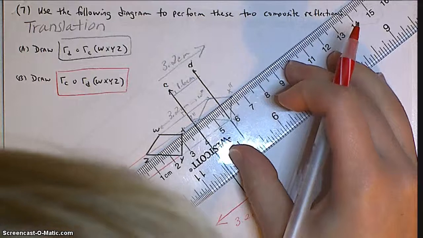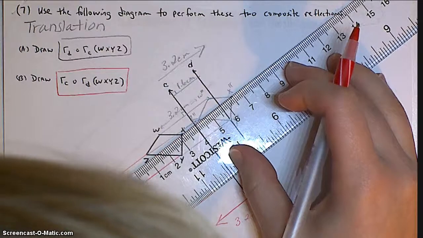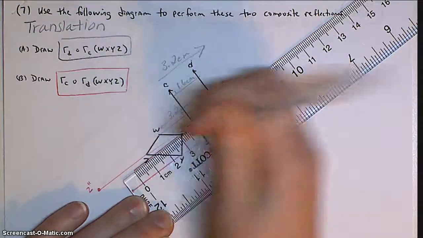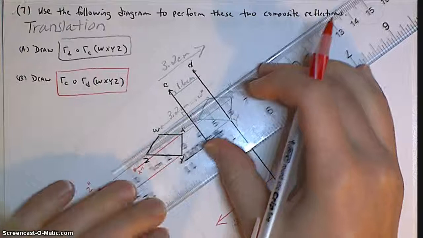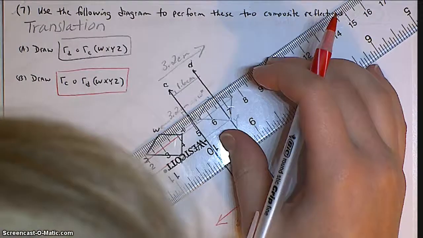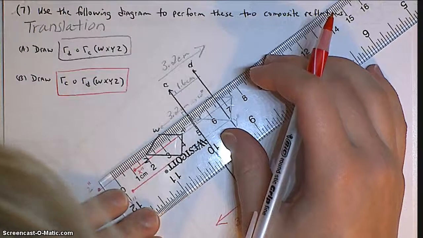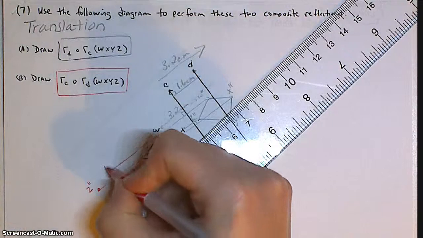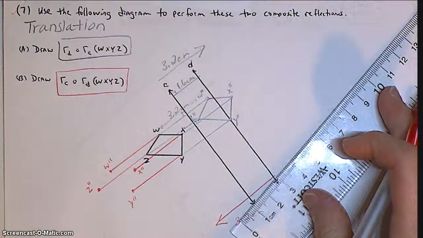Do the same for X. And then lastly for W. 3.2 and line it up nicely. To right here. Okay, so now I've got my 4 image points.